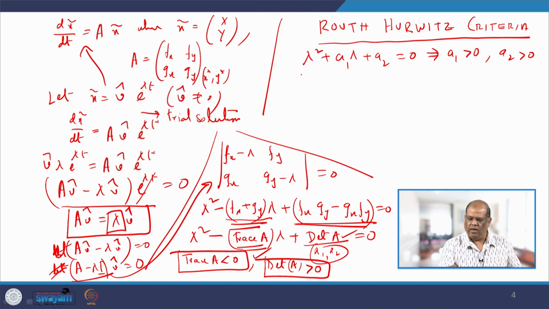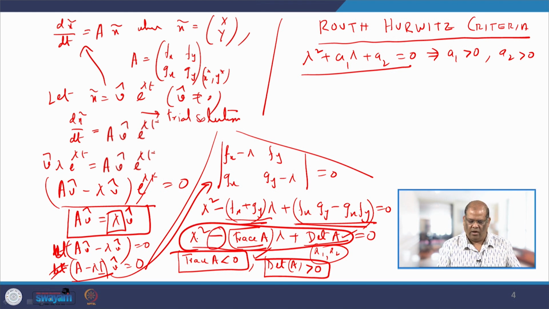Please note that there is a tiny difference between this equation and this equation, which is this negative sign. If I bring this negative sign inside, then I put a positive sign here, this negative sign is absorbed in this a1, and hence here a1 is positive, a2 is positive.